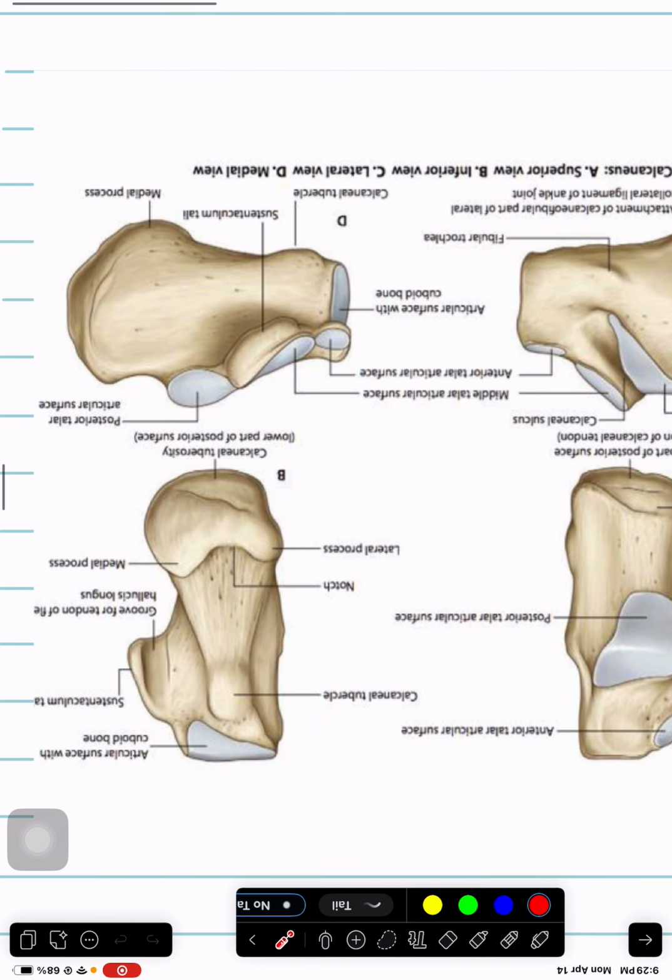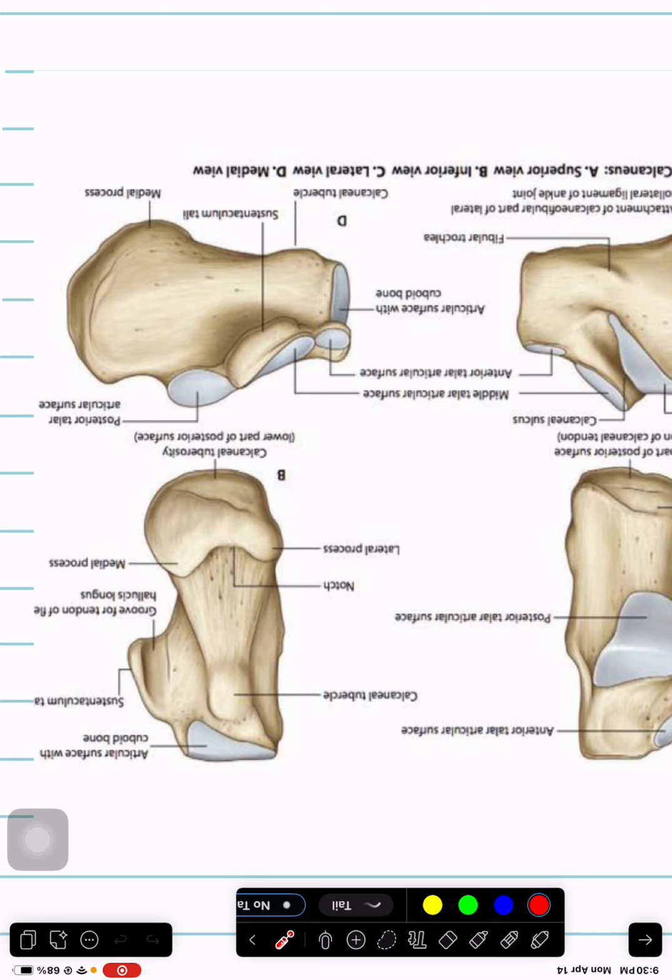Moving on, this is the inferior view, right over here. This surface is going to articulate with the cuboid bone. Although this is the inferior view, this is going to be more anterior or distal, and this will articulate with the cuboid bone.